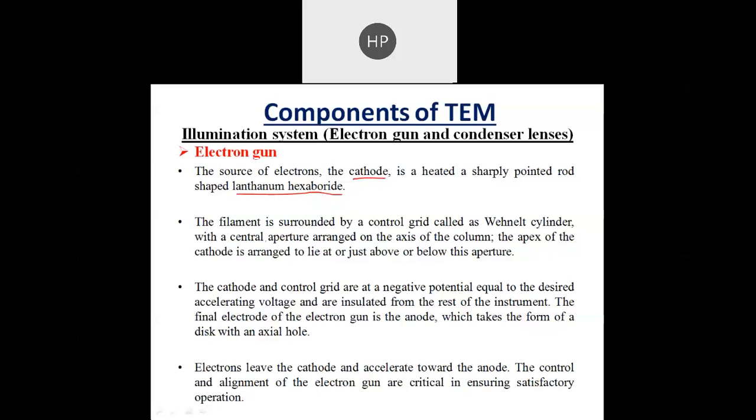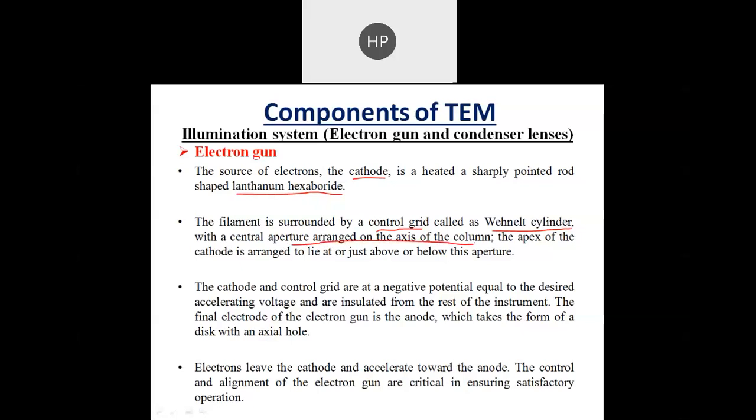The filament is surrounded by a control grid called a Wehnelt cylinder. So what is the use of the Wehnelt cylinder? We have already discussed it in the scanning electron microscope. The same Wehnelt cylinder is used over here, with a central aperture arranged on the axis of the column.